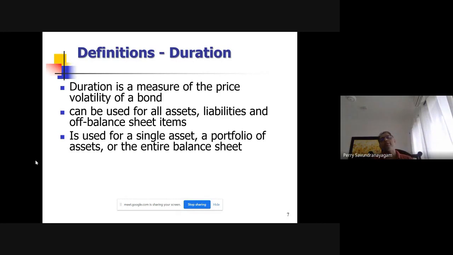So it's a measure of price volatility of a bond, as we discussed. Can be used for all assets, liabilities, and off-balance sheet items. It can be used for a single asset, a portfolio of assets, or the entire balance sheet. So basically, duration helps you measure it at a single asset level, a portfolio level, and an entire balance sheet level.